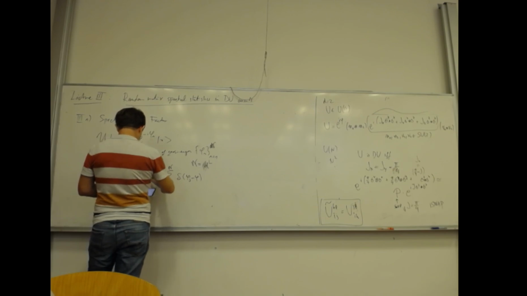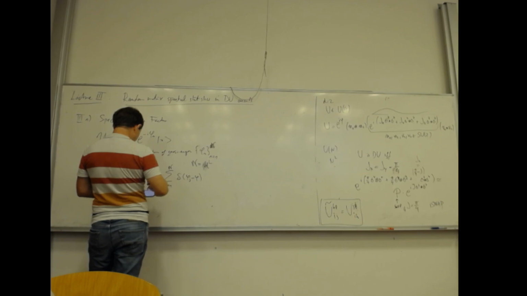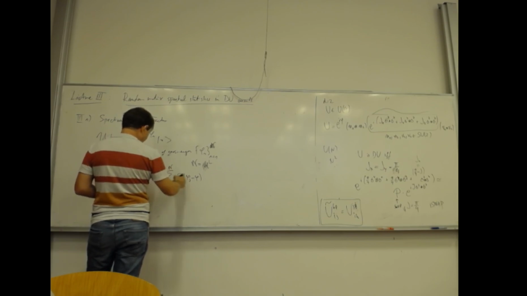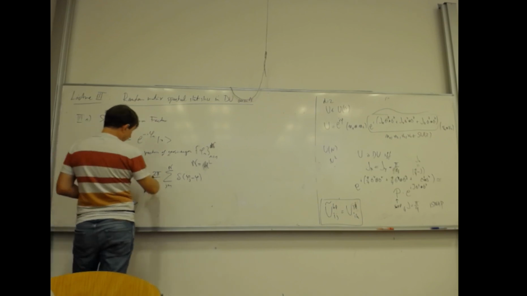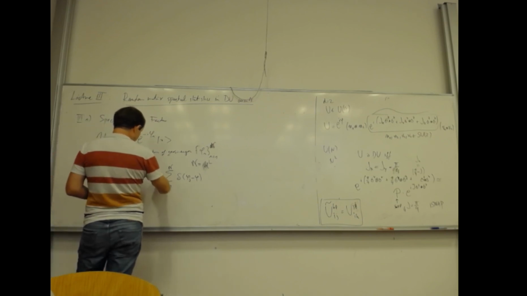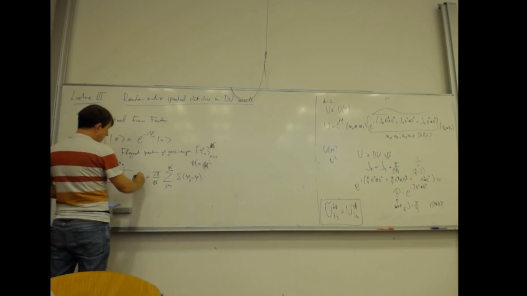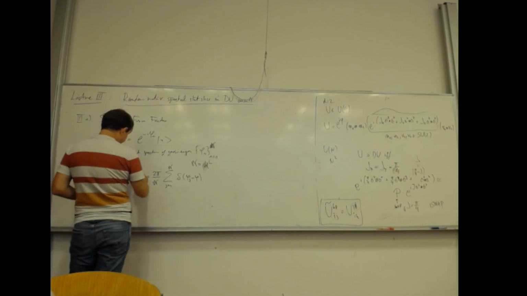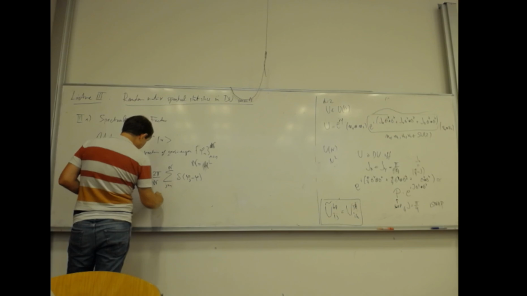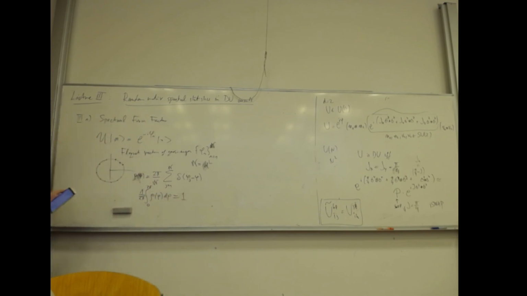And then we put the correct normalization on the density. Eigenvalues are from 0 to 2 pi, so I have to multiply these delta functions by 2 pi over N. That's just for convenience, so that the average density over 0 to 2 pi, with the 1 over 2 pi, is 1 by construction, right?